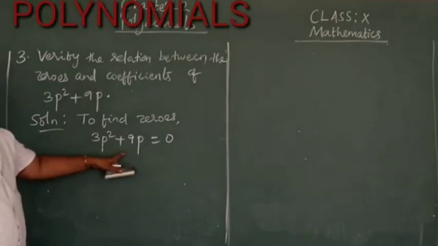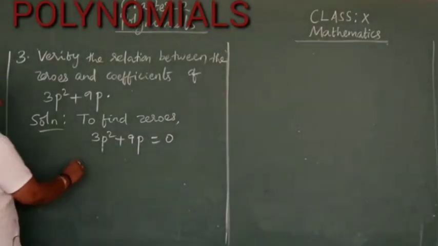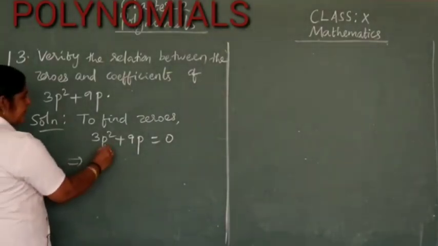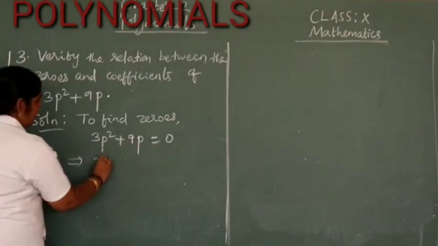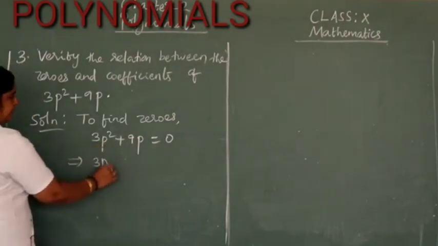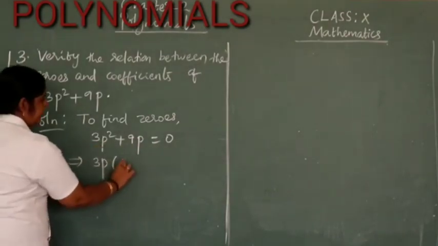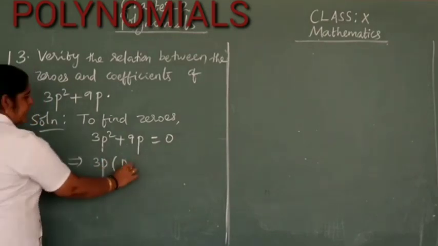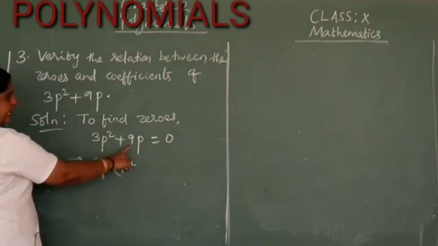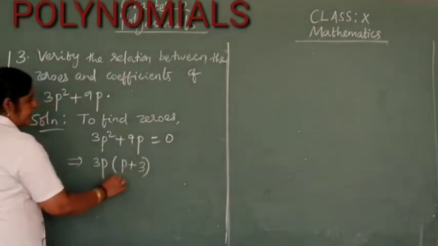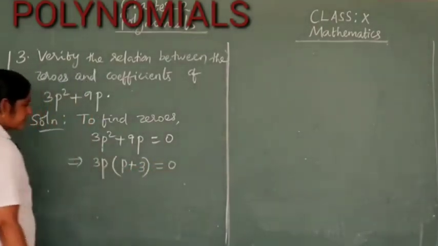So you can take the common factor of this expression, 3p. So here we have p remaining, and here 3 into 3 is 9. So 3p into p plus 3 equal to 0.